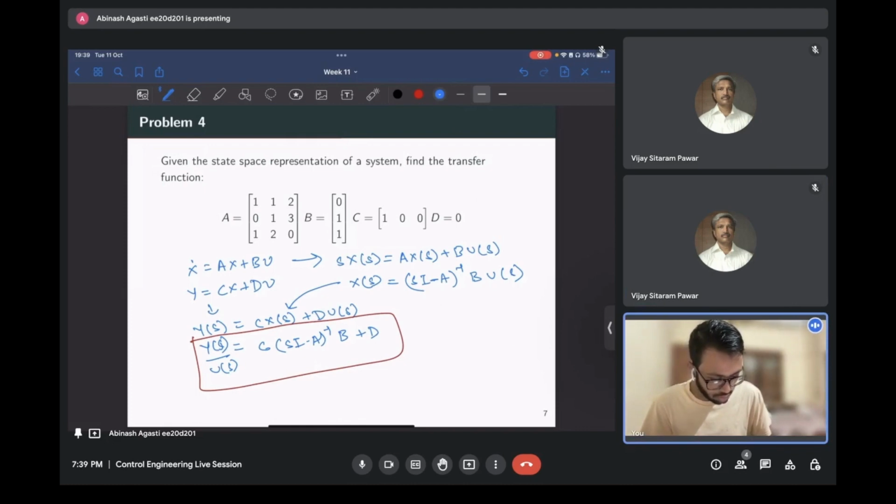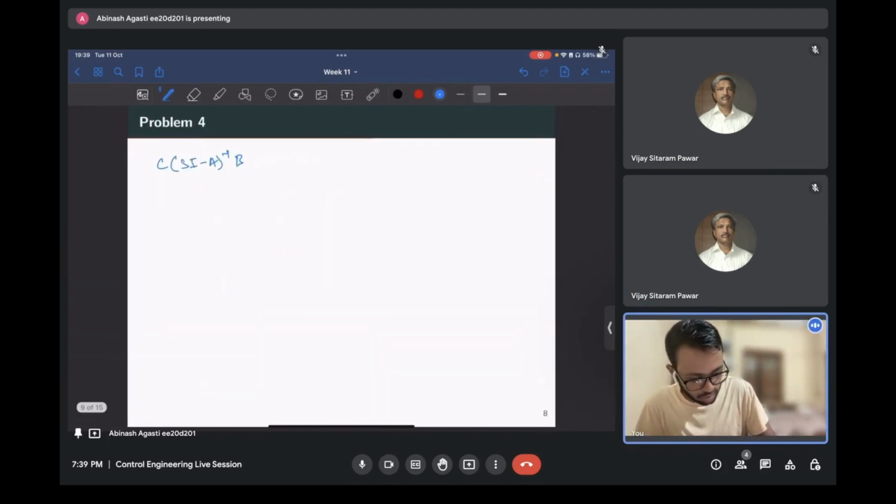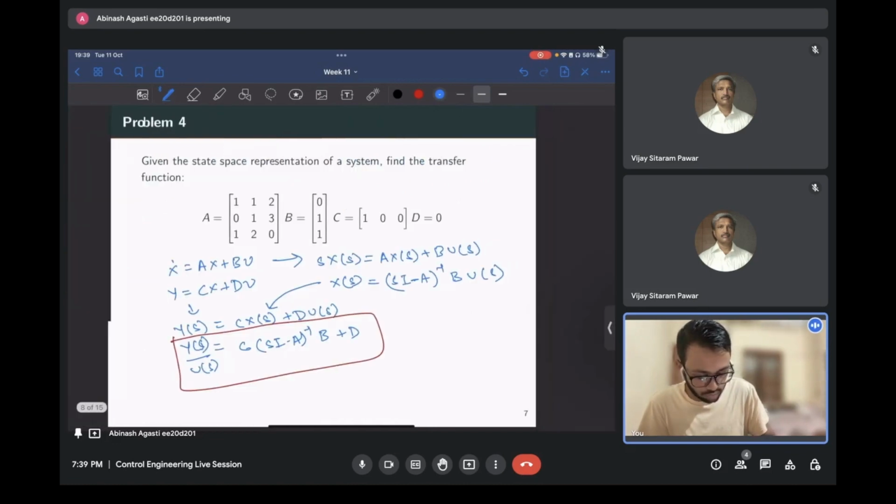So C is this, 1 0 0. We have some matrix and then this is 0 1 1, right. So A is 1 1 2, 0 1 3.